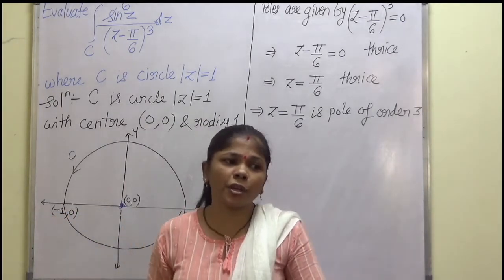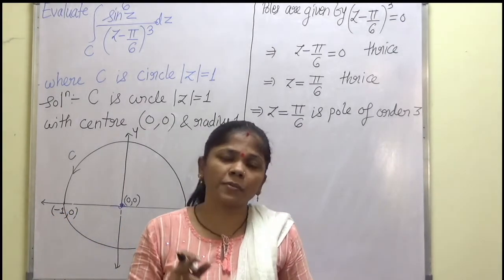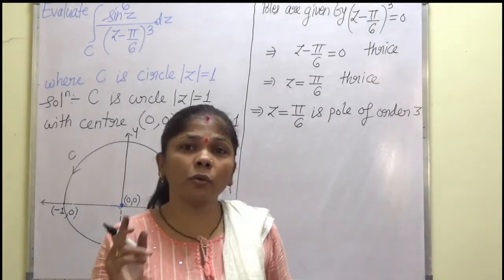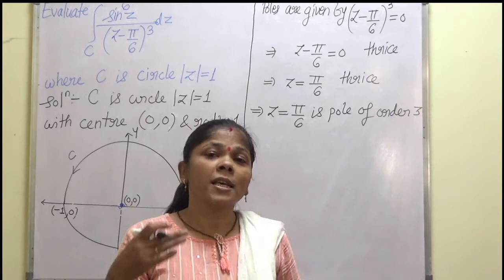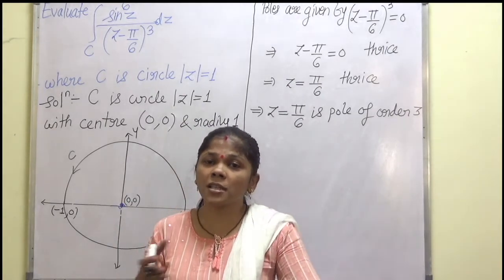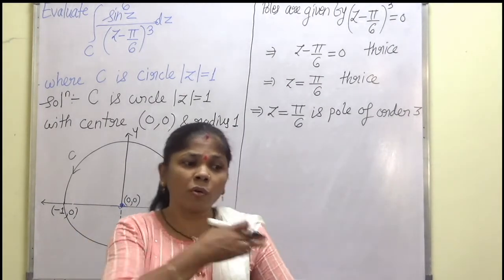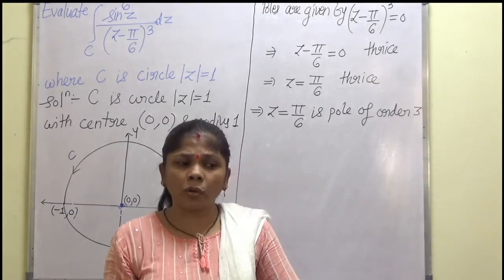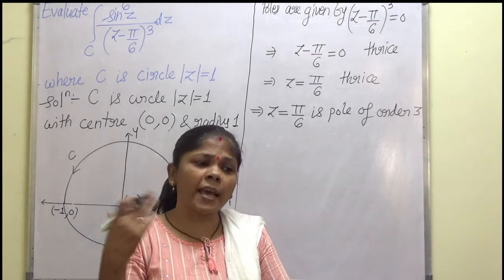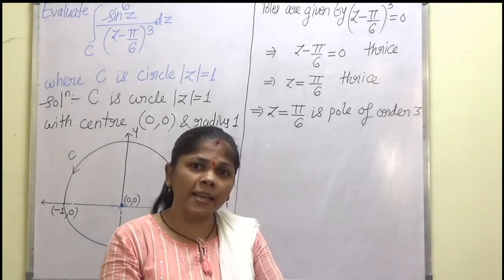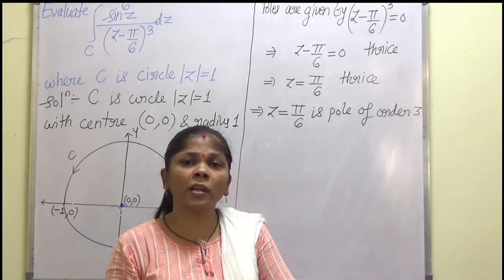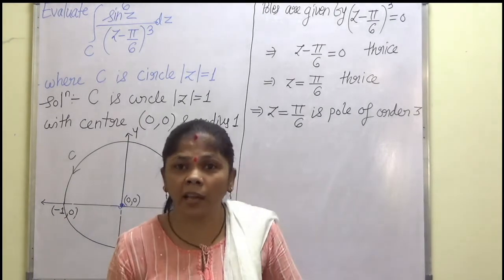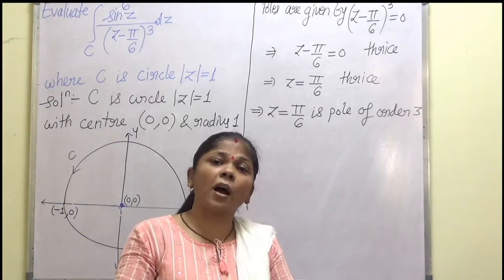Because for the Cauchy residue theorem, we have to concentrate on only those poles which are lying inside the circle C, whereas the remaining we will ignore. Here I have only one pole and that is of order 3. I will have to just decide whether this lies inside or not. If it is inside, then only we can find the residue. Otherwise, by the Cauchy residue theorem, you will get the answer directly 0 if it goes outside.